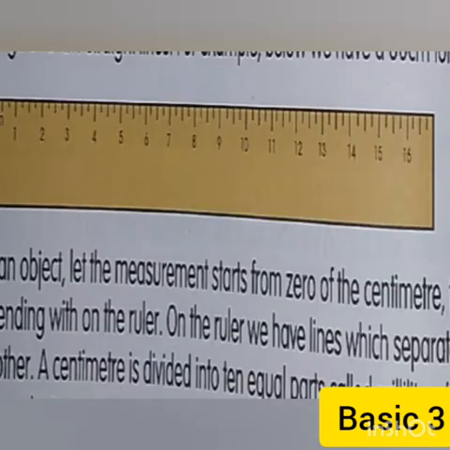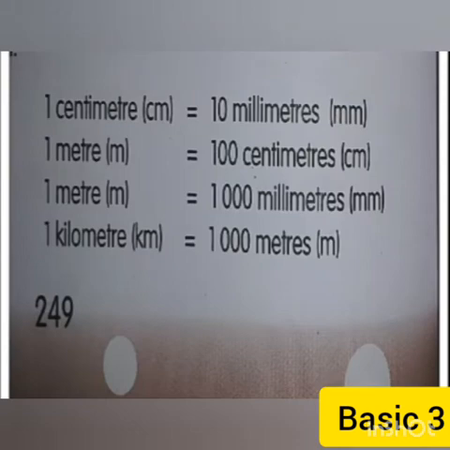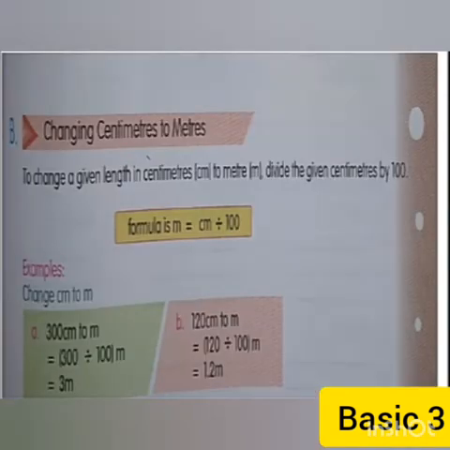Still on that page, you also have a summary of the length metric table you ought to memorize, as far as this lesson is concerned and more lessons to come on length. It's at the bottom of page 249. Please ensure you learn and memorize it. Do we understand? I'm sure you'll do that.